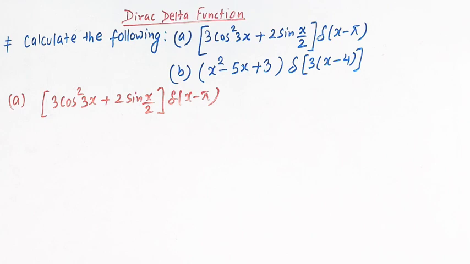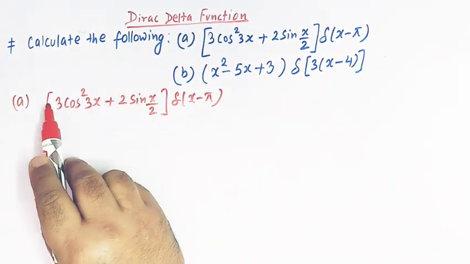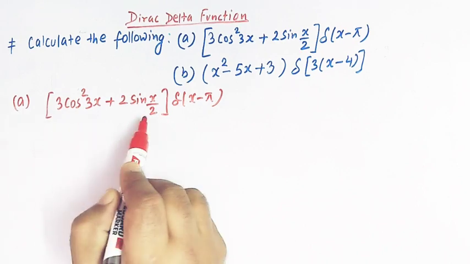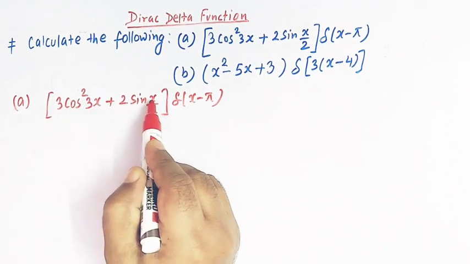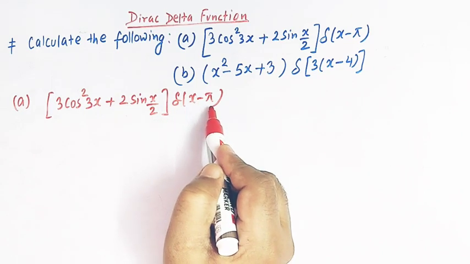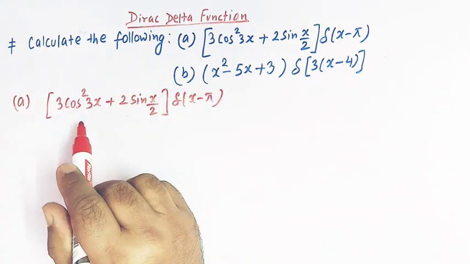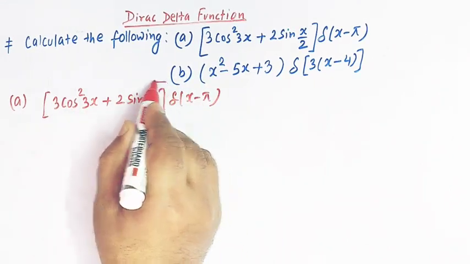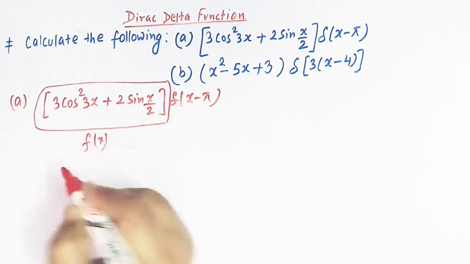Now let us take the first expression. Here we have a function 3 times cos square 3x plus 2 sine x over 2, and here we have delta of x minus pi. To find the value of this expression, let us take this function as f of x.